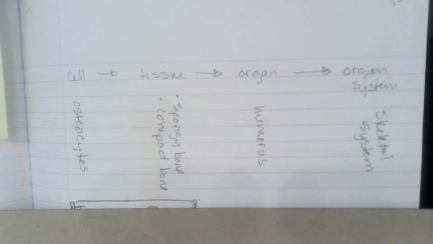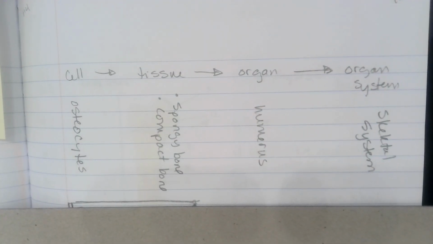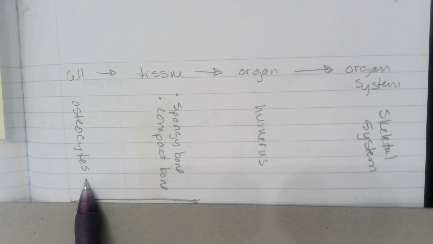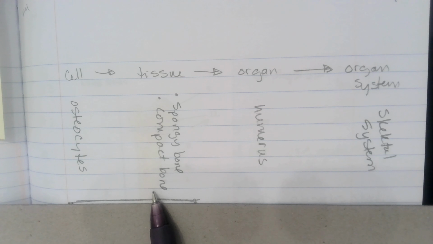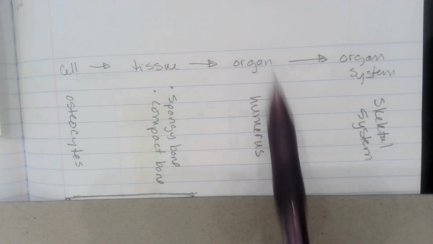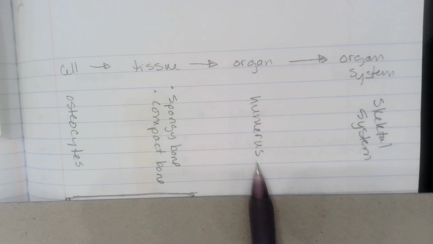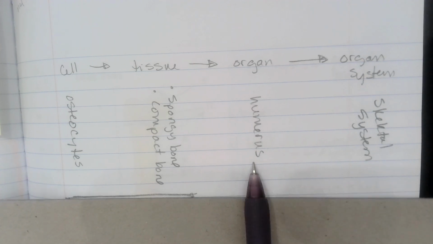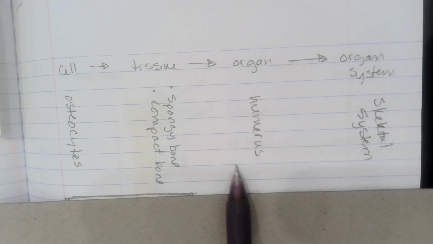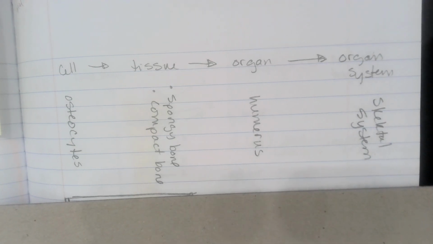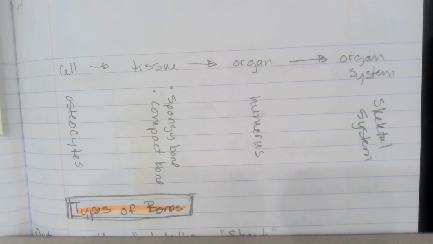In this situation, the cells of the skeletal system are called osteocytes. The tissue could be spongy bone or compact bone. An example of an organ of the skeletal system is the humerus, and that's the bone in your upper arm. So bones are organs. They're not dead material. They're actually living material. And of course, the organ system is the skeletal system.